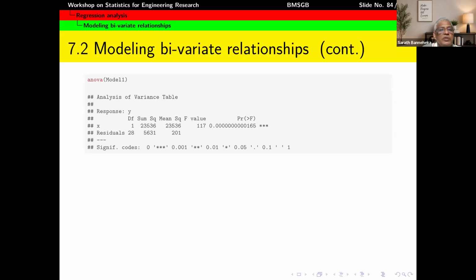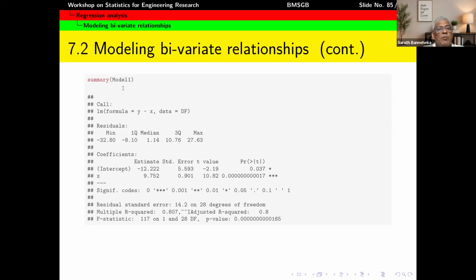For model one, I'm checking whether the coefficient for X is zero. The p-value is almost zero. Therefore, I decide that beta 1 is not equal to 0, using the F test.